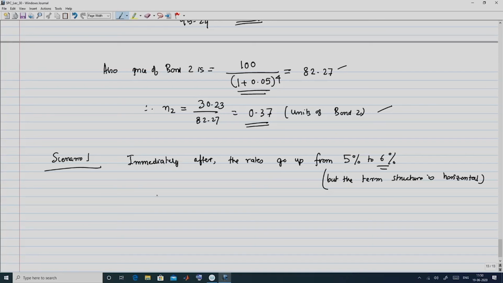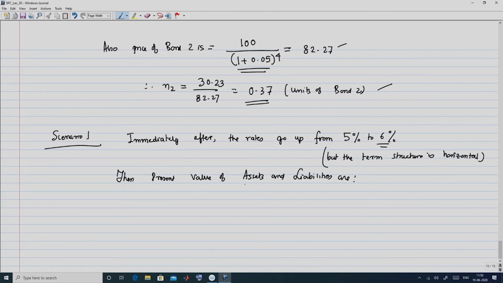Then what are the present values of assets and liabilities going to be? So what is going to be your assets? Actually, let me do the liabilities first.